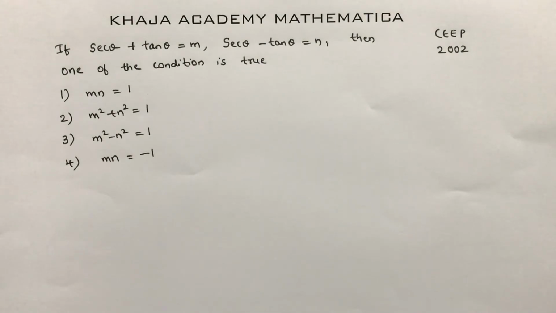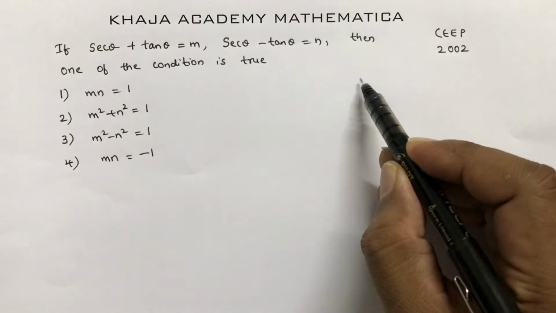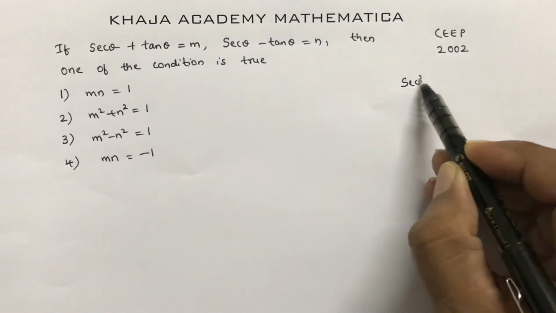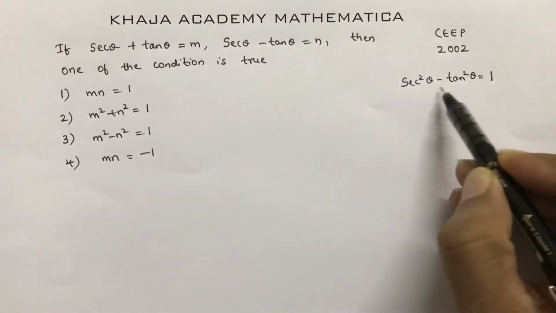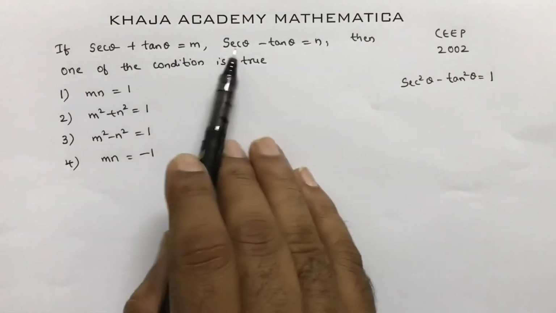If sec theta plus tan theta equals m and sec theta minus tan theta equals n, then which condition is true? See here, it's very clear that for sec and tan we have the identity sec square theta minus tan square theta equals 1. Here it is in the form of a plus b, a minus b.